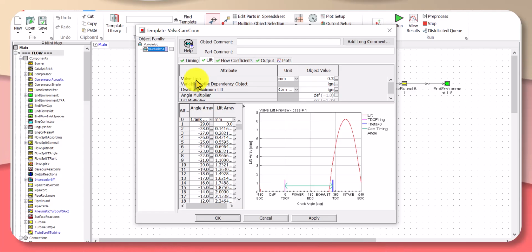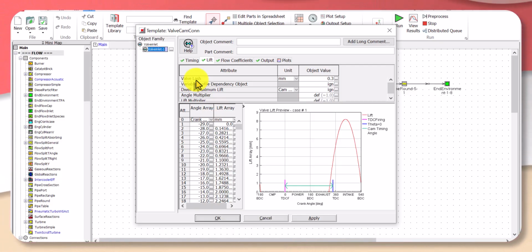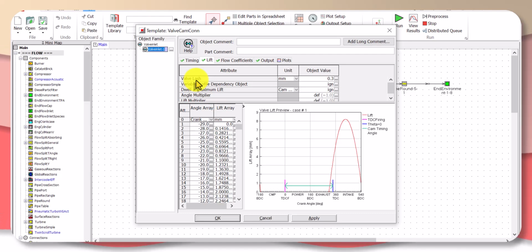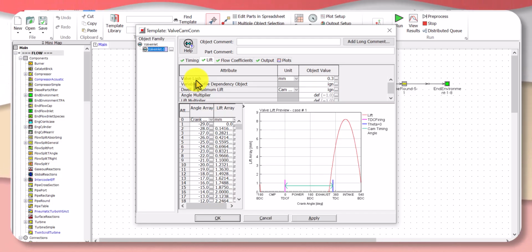What is valve lash? Lash refers to the gap between the valve and the mechanism that actuates it. This gap must be adjusted precisely, because of too little lash and too much lash.